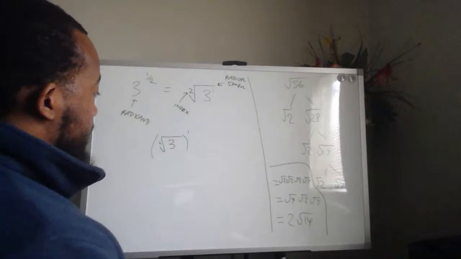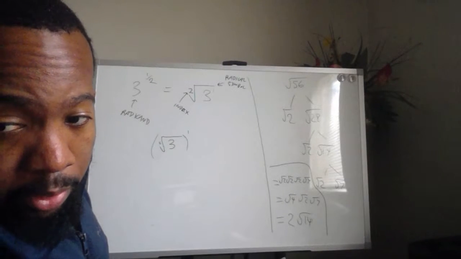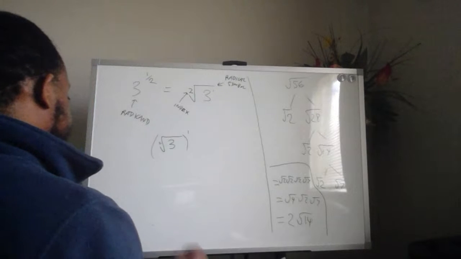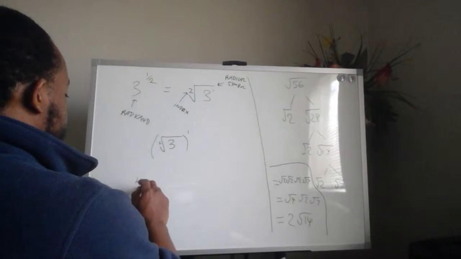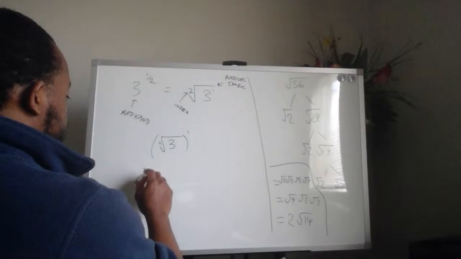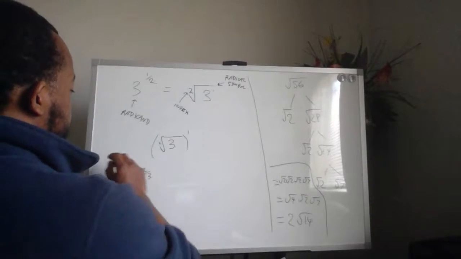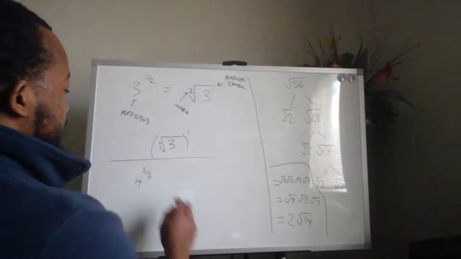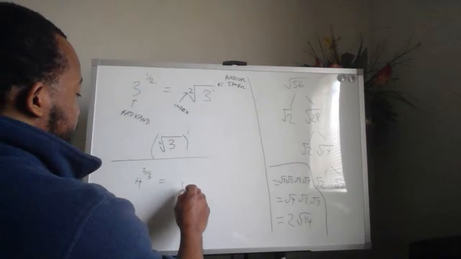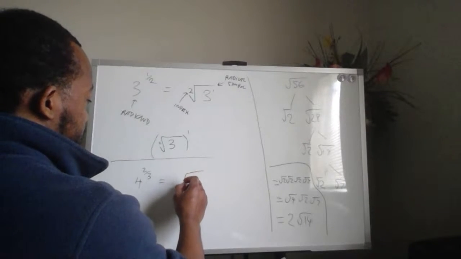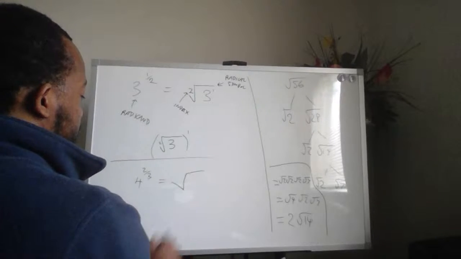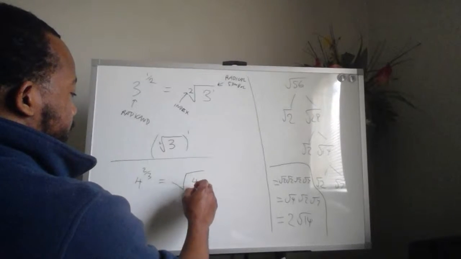Time is up for B block, but I'm going to do one more example. Let's say you had 4 to the 2/3 power. I'm going to rewrite that. 4 is going to go here.